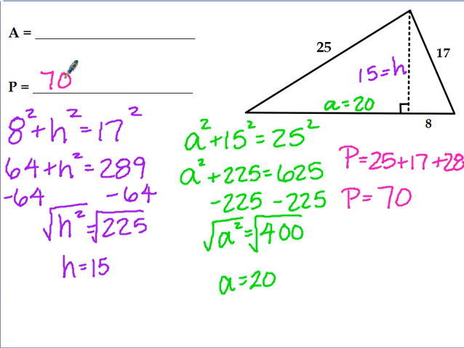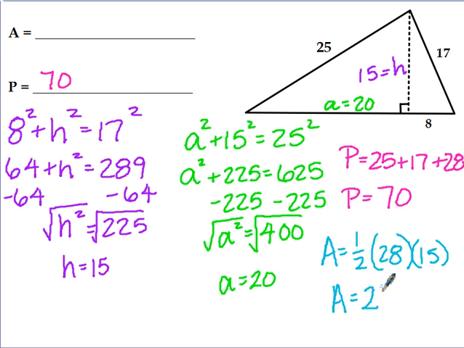And then for my area now, 1/2, my base is 28, and my height is 15. And that's going to give me 210. And again, there's no units, so you don't have to write anything.